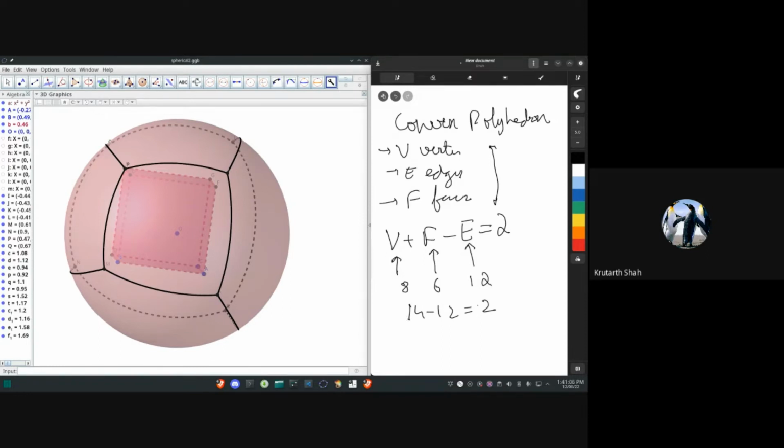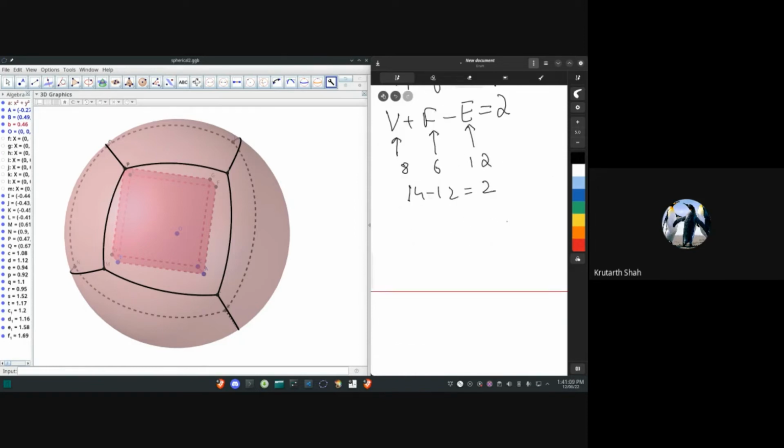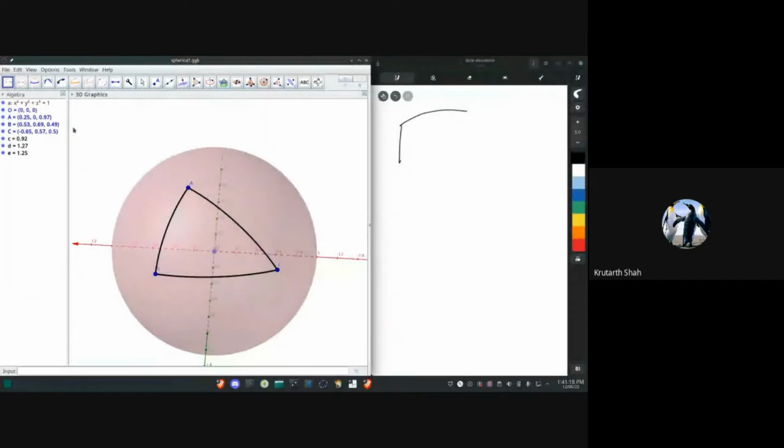Okay, so before proving that, I'll prove the area of a general spherical polygon. We managed to prove it for a triangle. Now let's try to prove it for any polygon, spherical polygon.